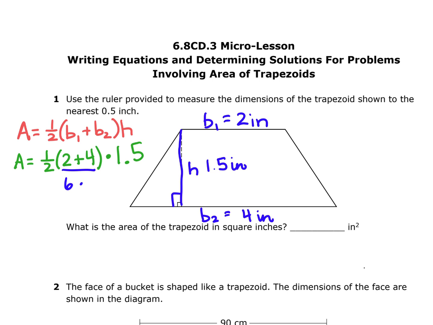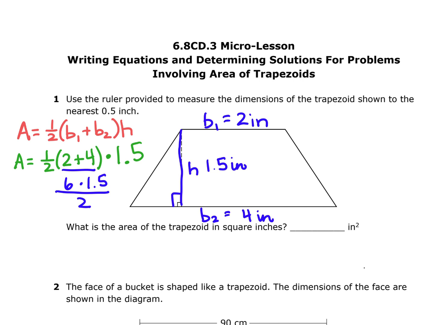And we have times 1.5, and that's all divided by 2. So I can really quickly say, ooh, I can divide 6 divided by 2, and that's going to help to simplify it. Or I can go ahead and multiply 6 times 1.5 and divide it by 2.